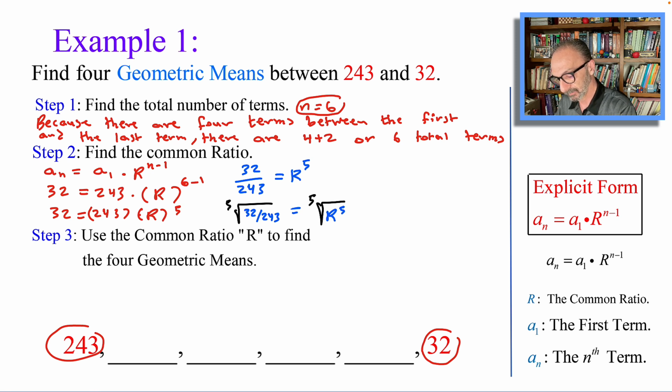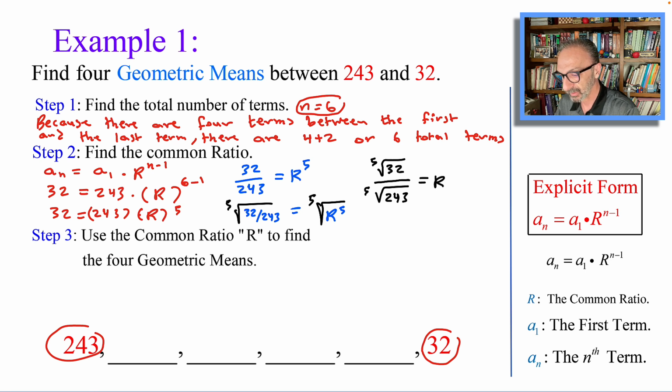This will give me on the left the 5th root of 32 over the 5th root of 243 equals, the right side will be just r by itself.